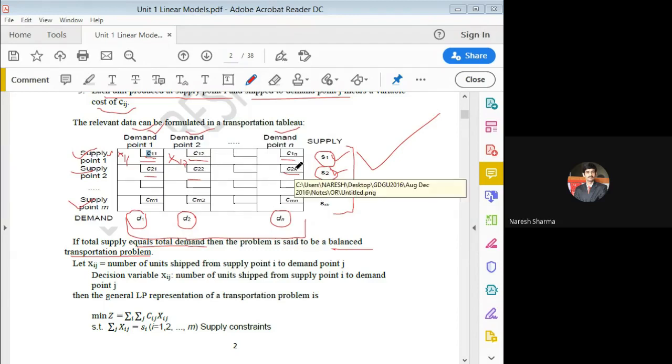Similarly x1n. Similarly, for another supply point m to demand point 1, we supply xm1 number of units. Similarly xmn number of units.